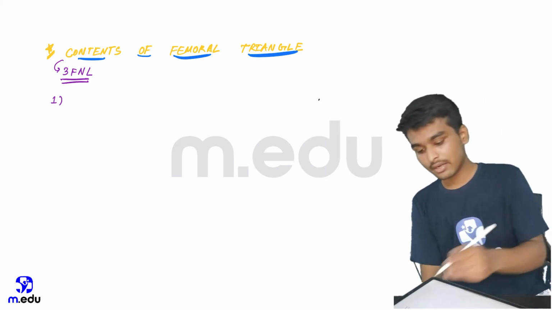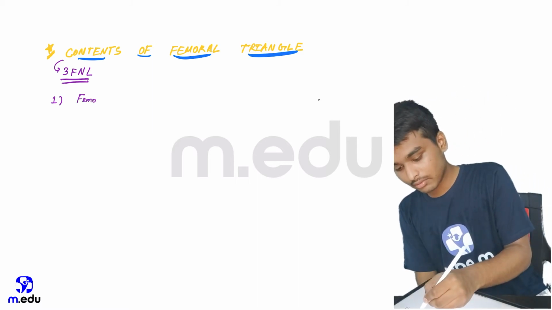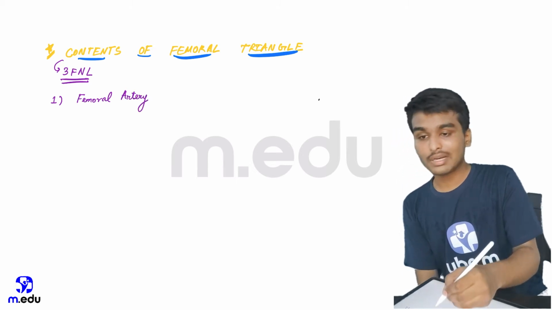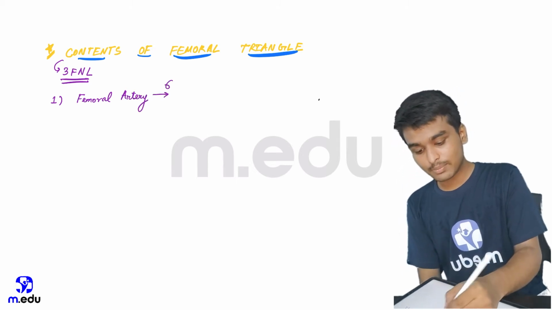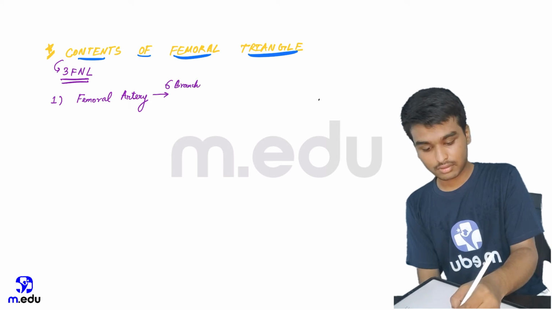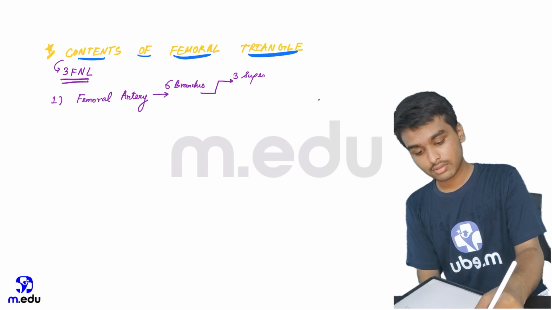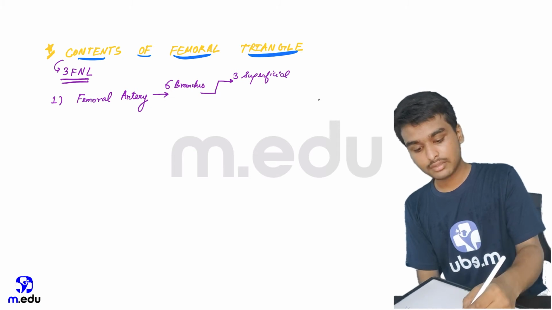So first we'll look at femoral artery. Femoral artery has 6 branches, out of which 3 are superficial and 3 are deep.